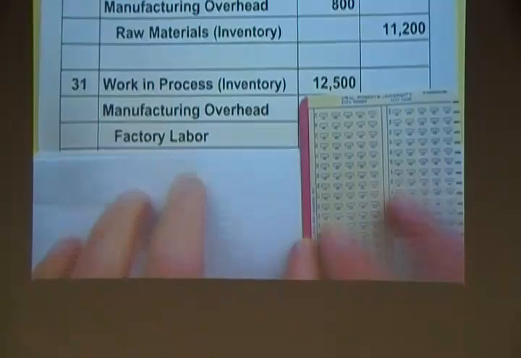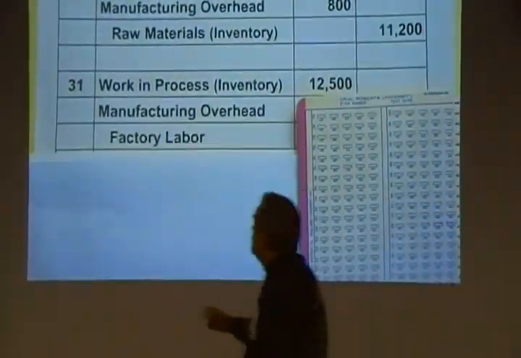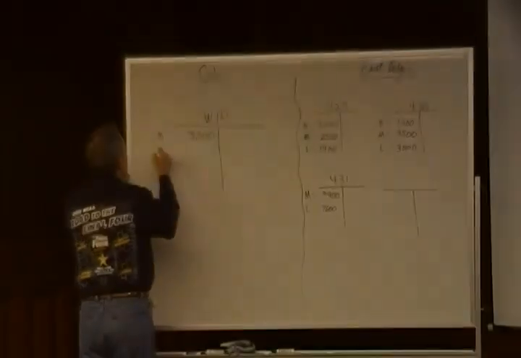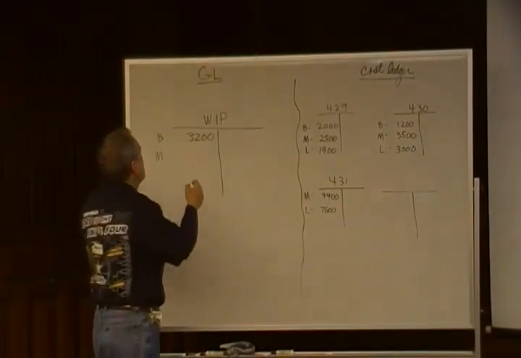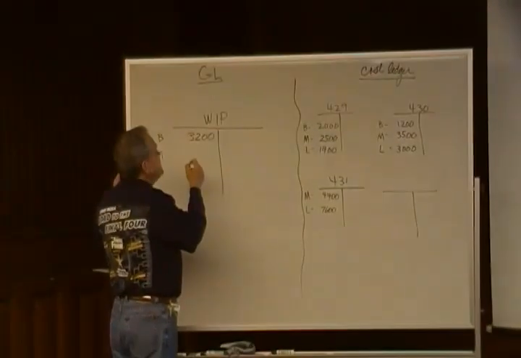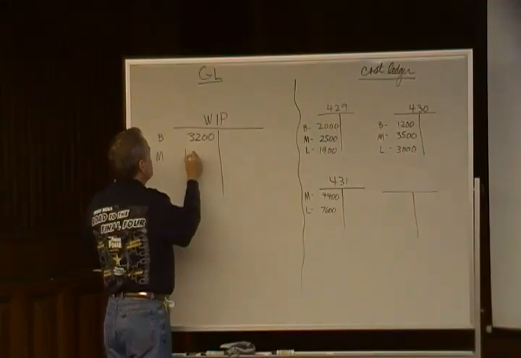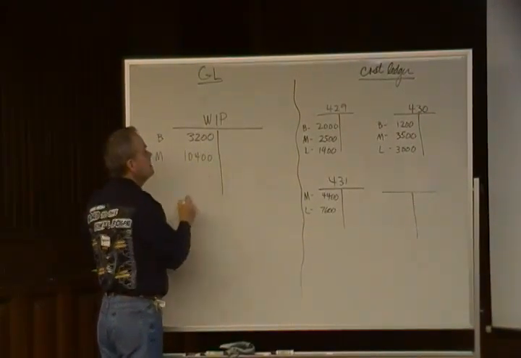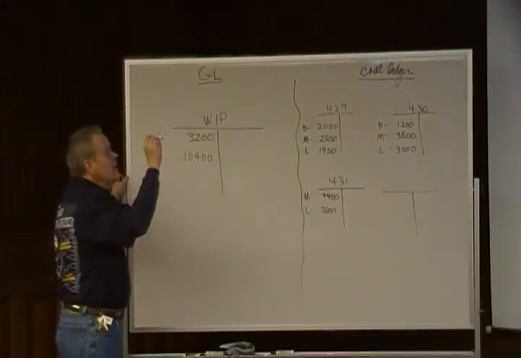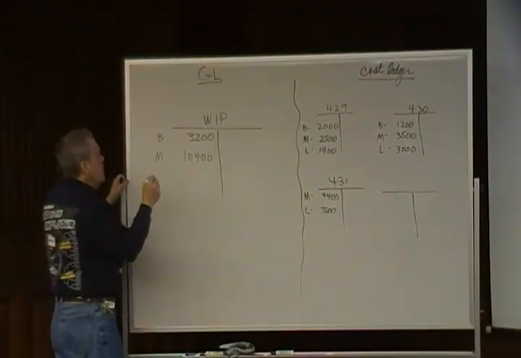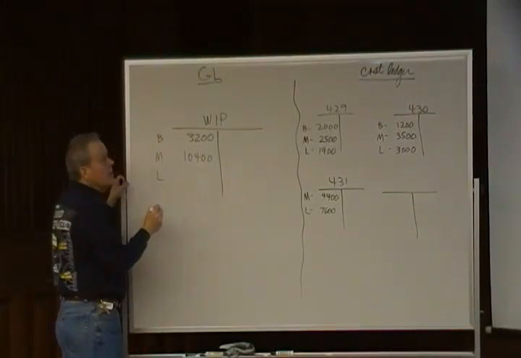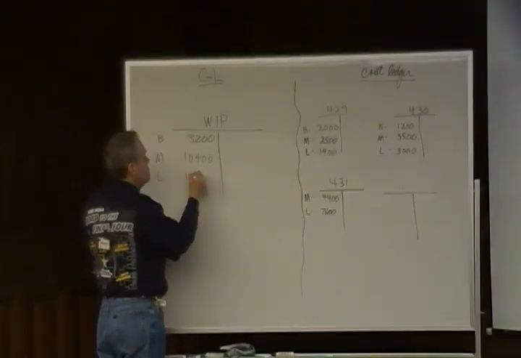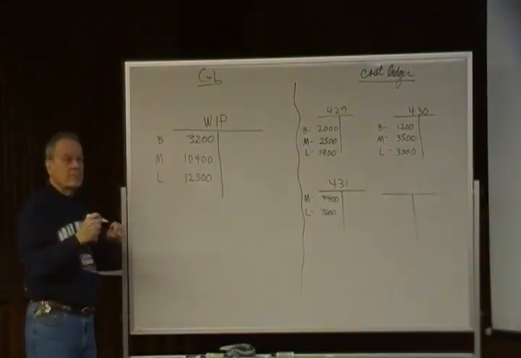You know, I forgot to post Whit's entry to the general ledger. Whit says debit work in process in the general ledger for the materials of $10,400. Right, class? Now, Sam says debit work in process for labor for a total of $12,500.